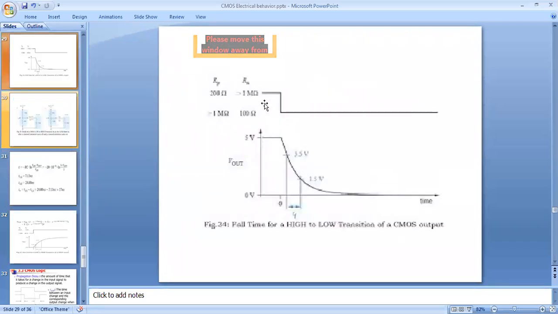At high state you must represent RP and RN: RP is 200 ohms and RN is greater than 1 mega ohm.